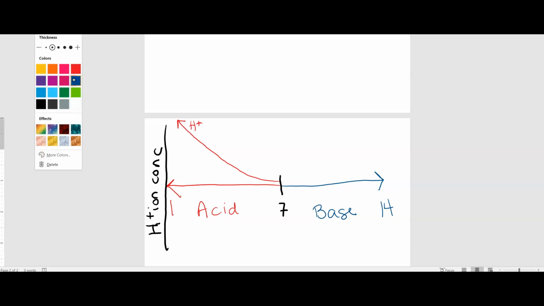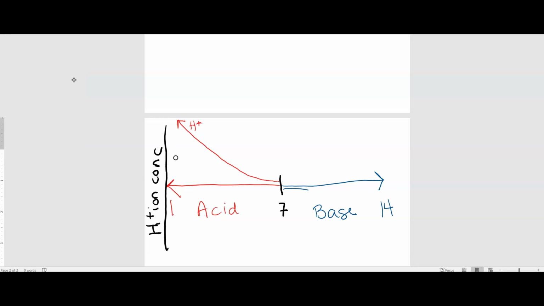Conversely, the amount of hydrogen ion decreases, and that makes pH go up. So as hydrogen ion concentration decreases, pH will increase, meaning it gets more and more alkaline or base.